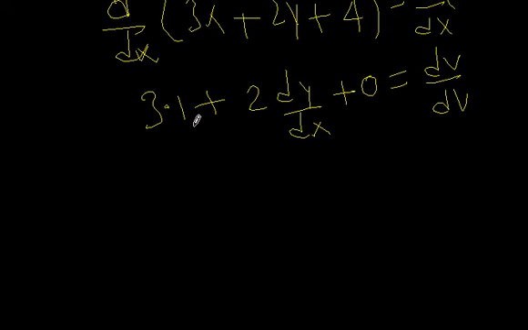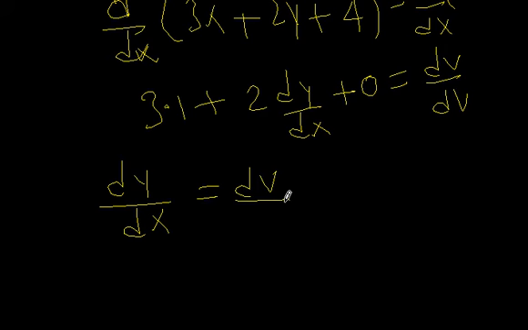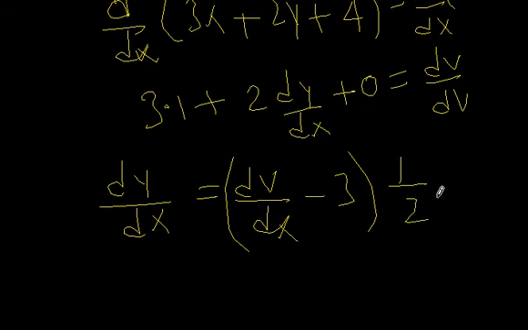On the right side we have dv over dx. Now this dy over dx is equal to dv over dx minus 3 times half. You can write half first, that is not a problem.